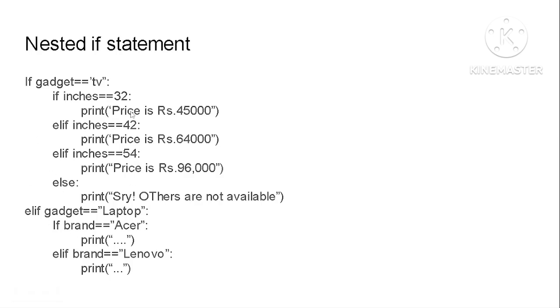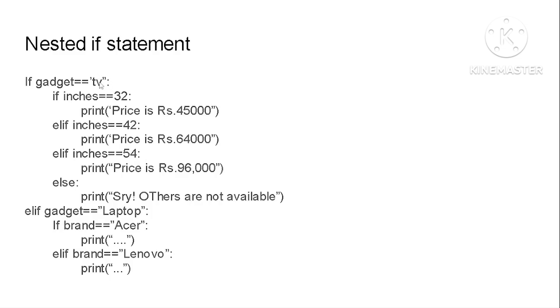Now look at this example. I asked the user to type the name of the gadget and also get the number of inches inside. Here I will give an input statement and ask the user to type how many inches. Then I give if inches equal to 32, this price. If the user types TV and 54, then the output will be price is rupees 96,000.